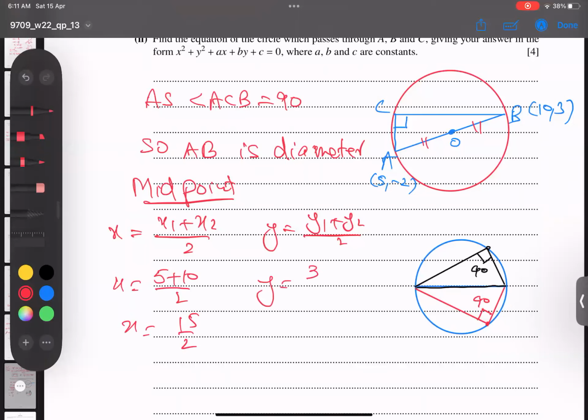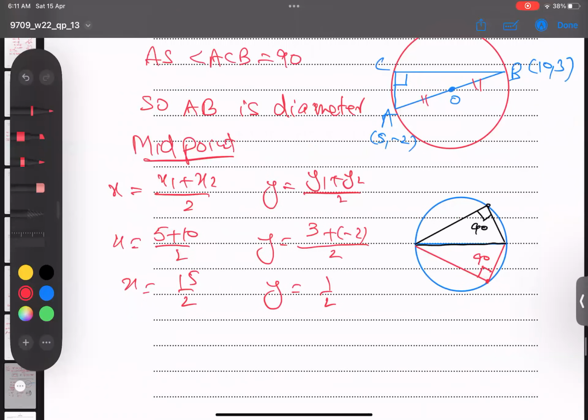So 3 plus minus 2, I'm getting half. So the center of the circle is 15 by 2 and half. Alhamdulillah, there is no confusion here. So the center is very clear.